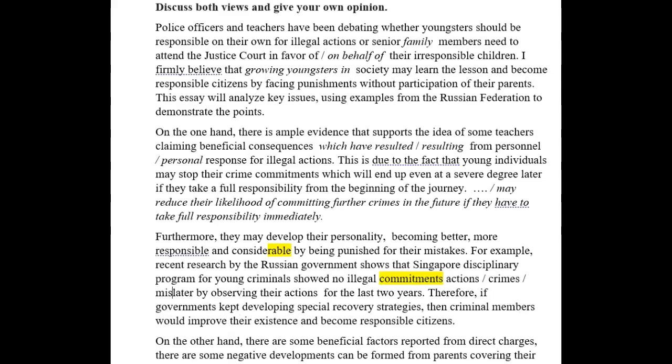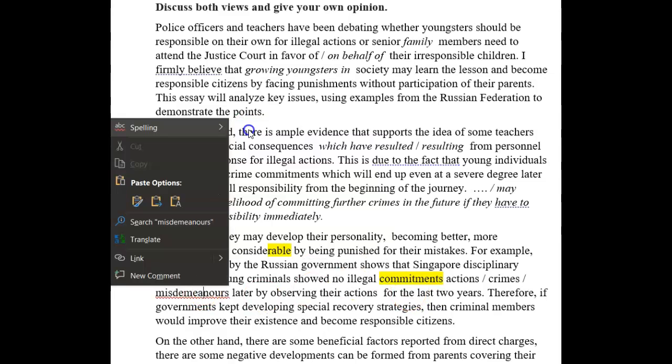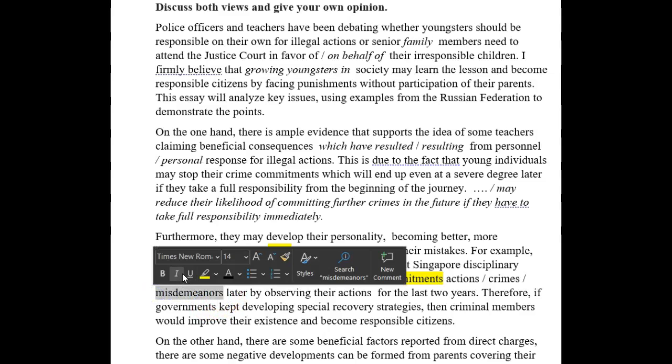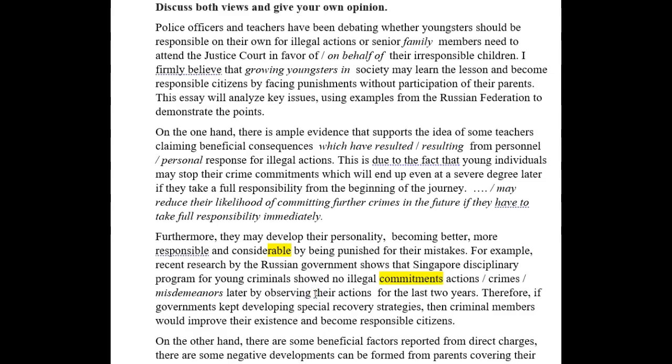We have a very good note, misdemeanors, which is very unusual, and I can't spell it. That means things you've done wrong, basically, as well. Misdemeanors later, by observing their actions for the last 2 years. Observing their actions? You mean they're watched over?